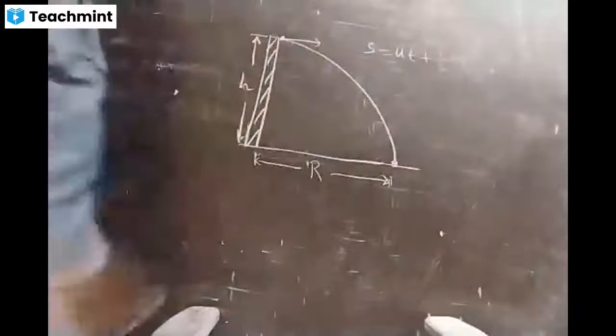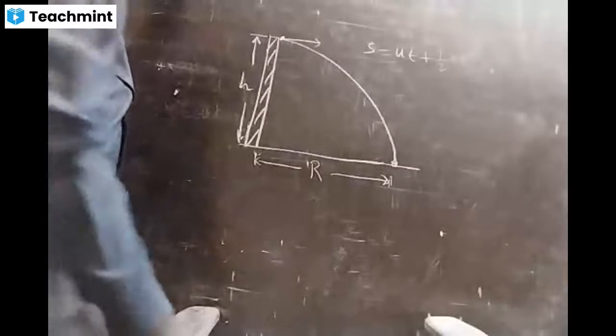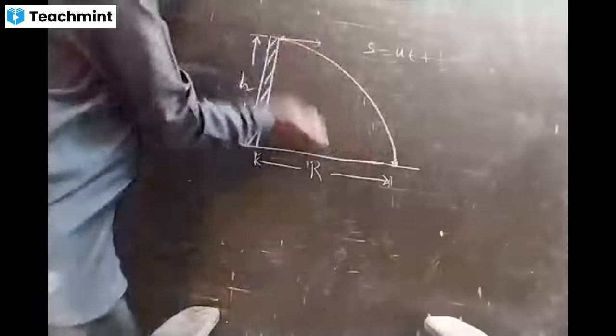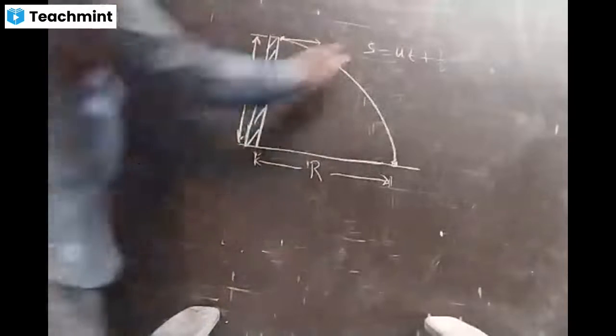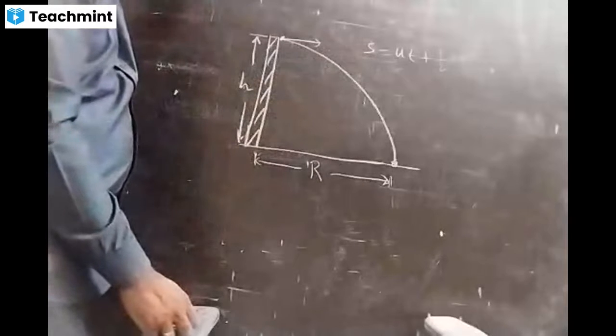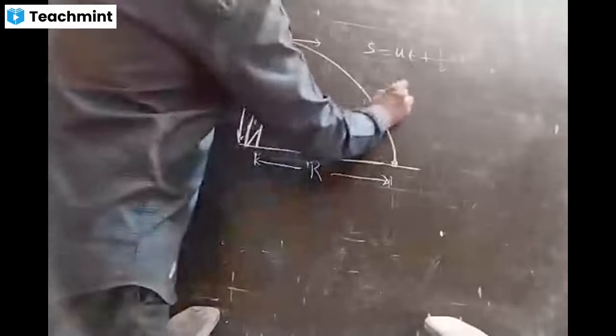I want the time of flight, so in place of s, what should I write? Minus h.